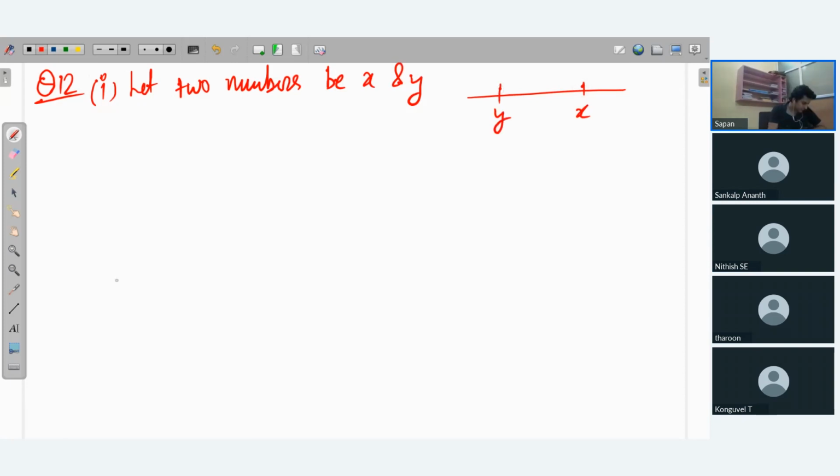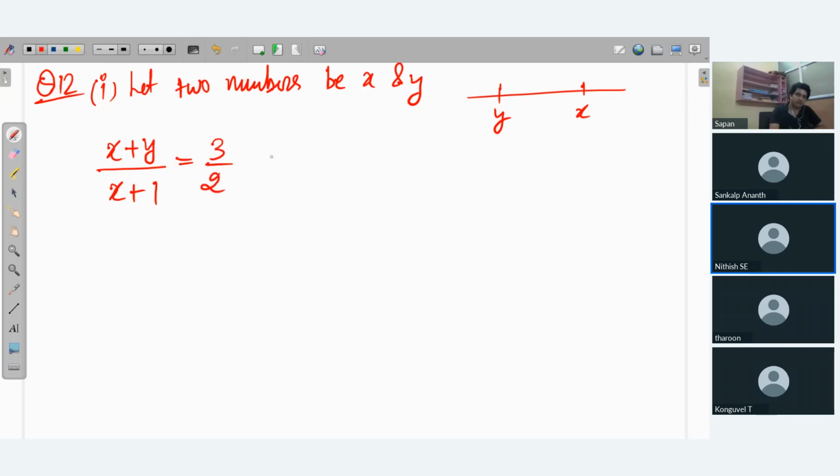First condition says that the greater of the two, that is x, increased by 1 divides the sum of the two numbers. So the sum divided by x plus 1 is 3/2.